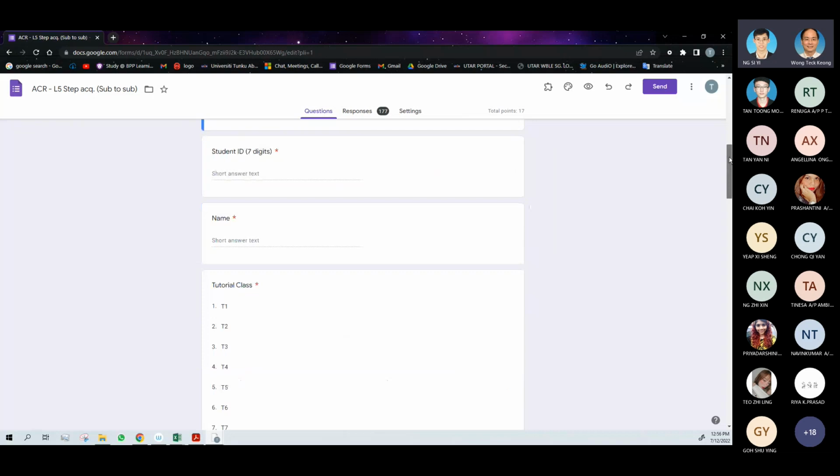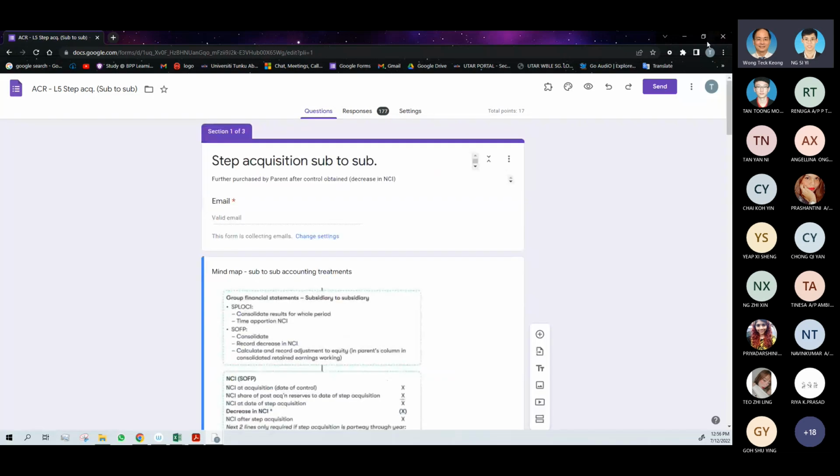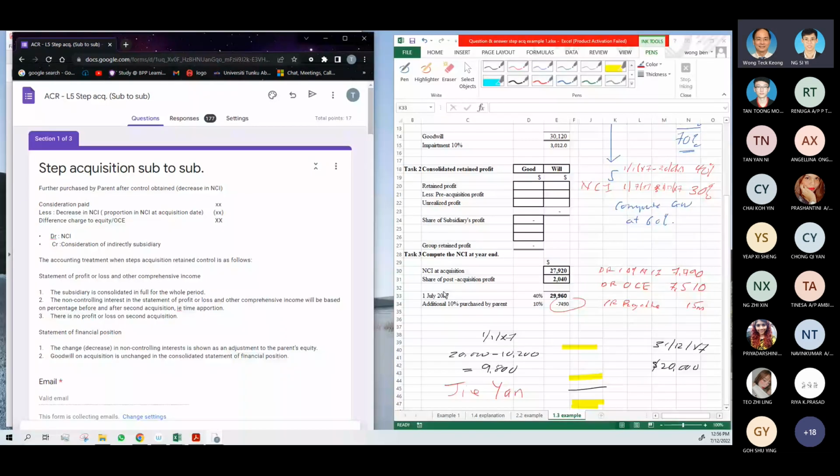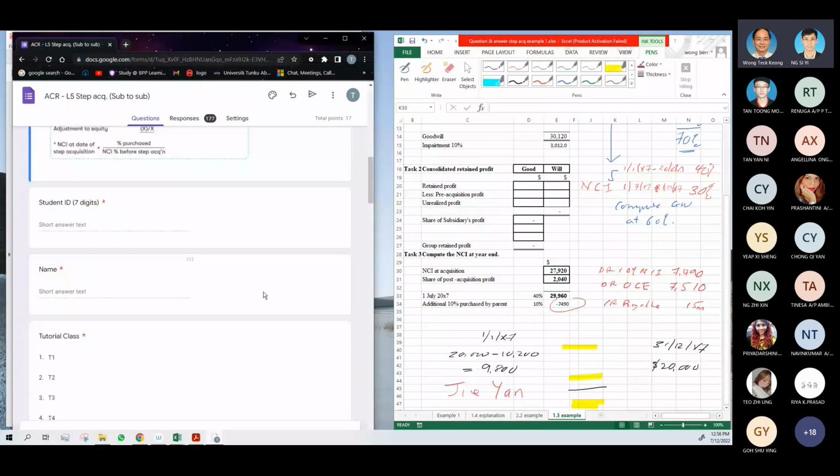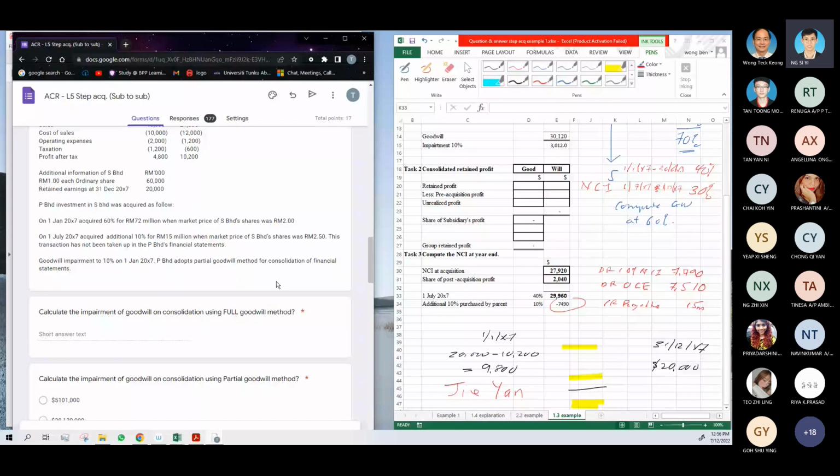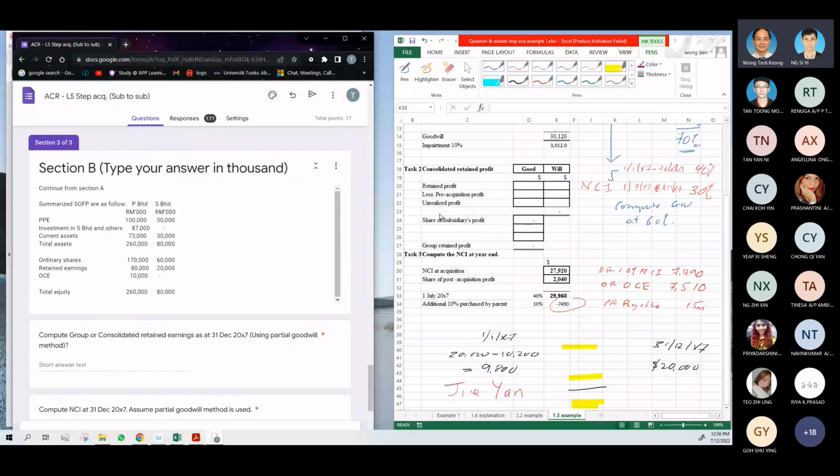That's why a lot of people fail, because they don't even try. Those who fail are less than 30 marks. Maybe more than 30 marks, we try to help you, give you some additional marks. Okay, let's continue with another example.